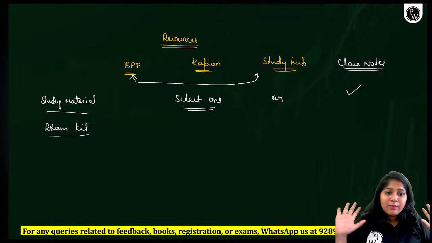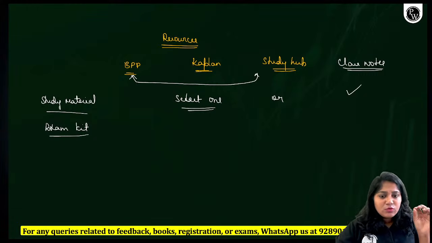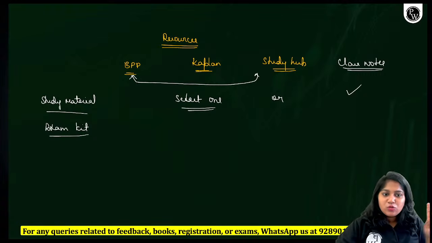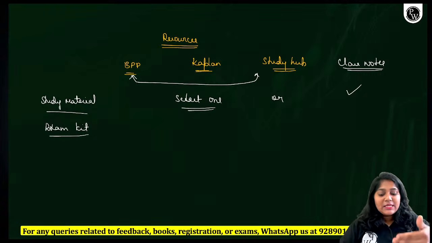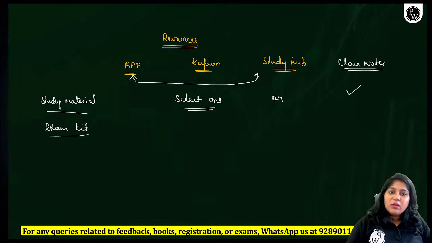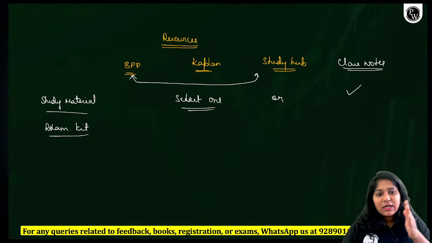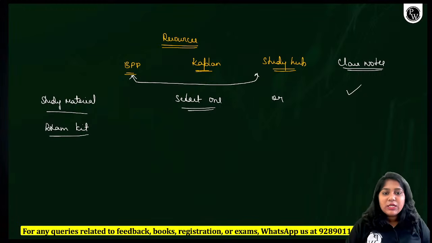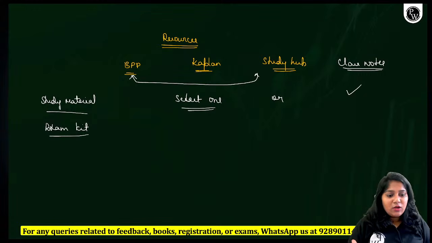If you are new and need everything explained in depth, you can use either Study Hub or my class notes. Both are almost similar because my class notes are an extract from Study Hub. So you can select one of BPP, Kaplan, Study Hub or my class notes as your study material, to read and understand the concept.